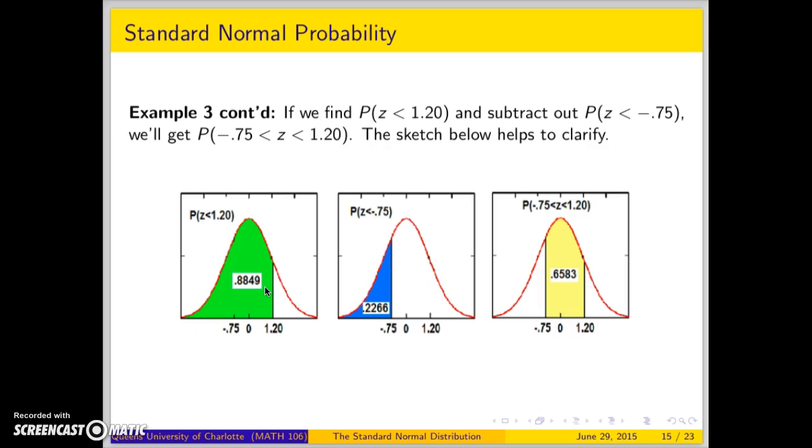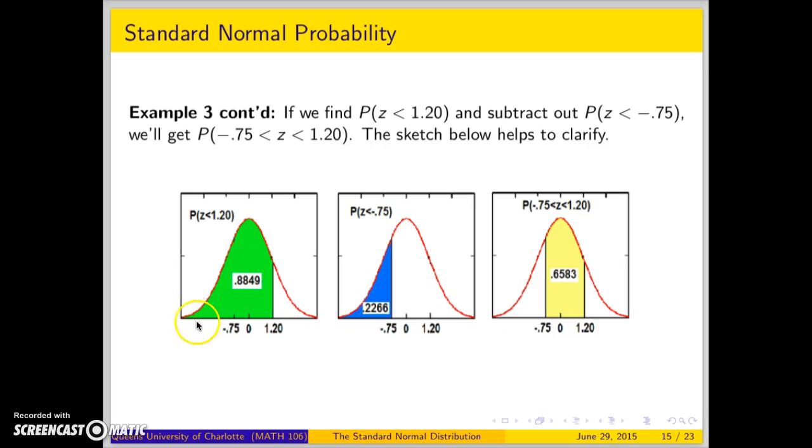But we also have to keep in mind that there's this small area right here, which is the probability that z is less than negative 0.75. We need to subtract that in order to get this middle section.